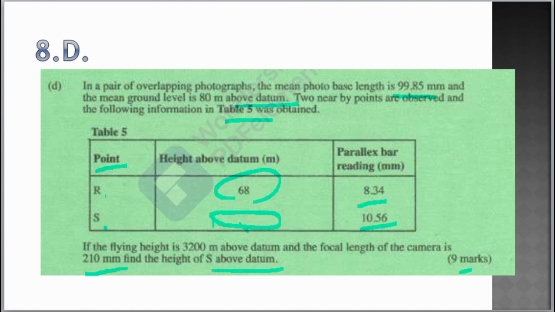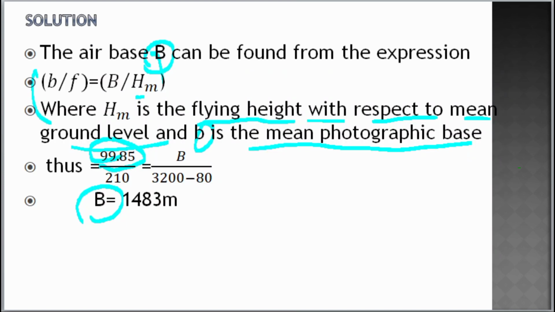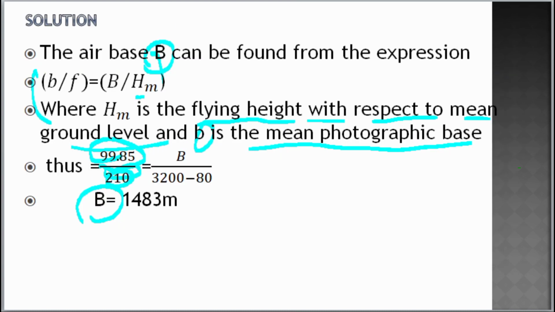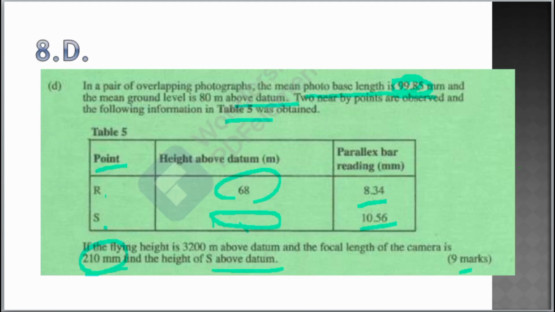Here we have the mean photographic base 99.85, which was given in the question, over the focal length 210, also given in the question, is equal to the airbase capital B over the flying height with respect to the mean ground level.